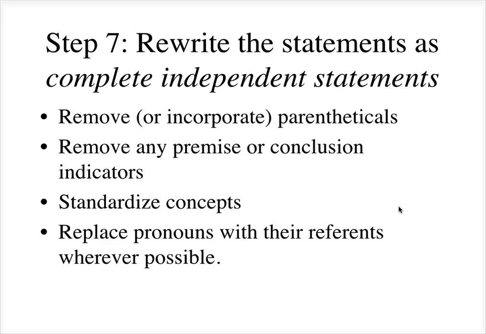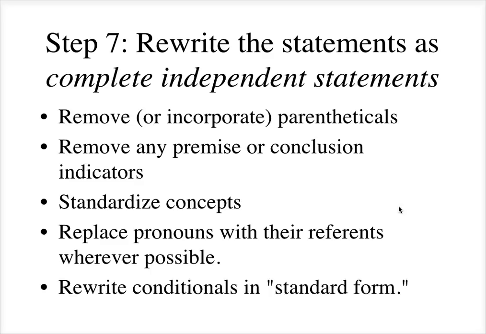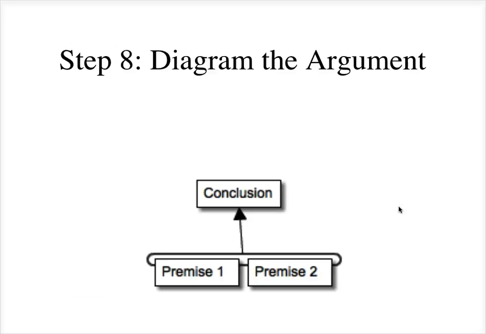And we need to replace pronouns with a reference wherever possible. And rewrite conditionals in standard form. Once you've done all that, you're ready to diagram the argument. I will give you some more tutorials where I actually walk through diagramming arguments, so you see how that works.